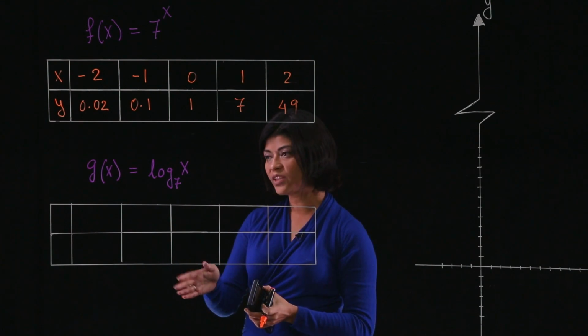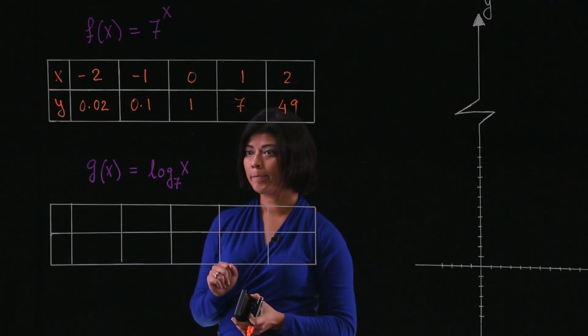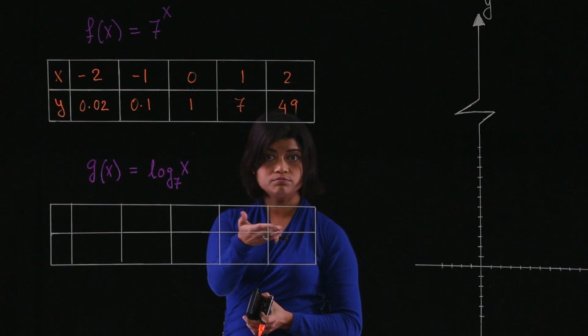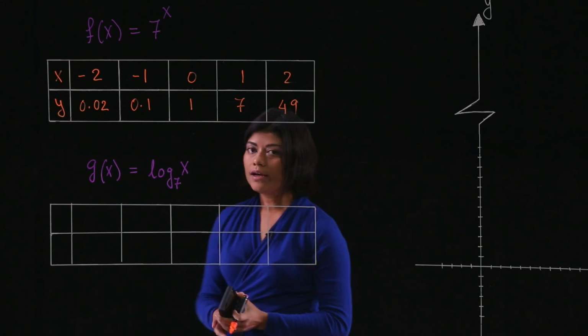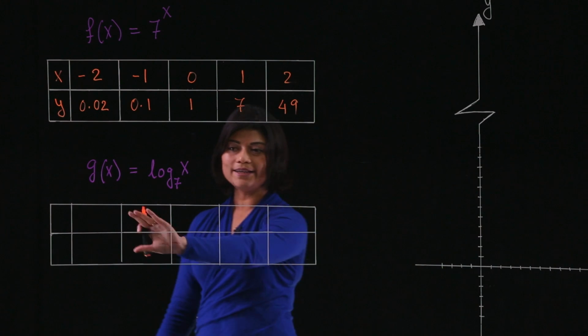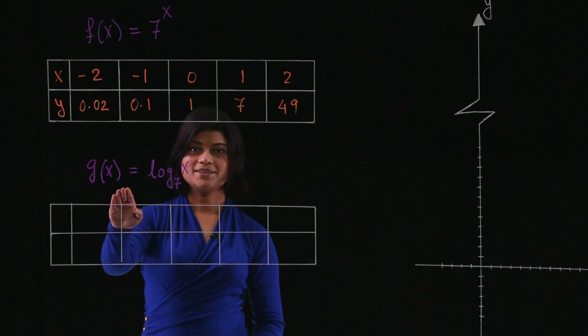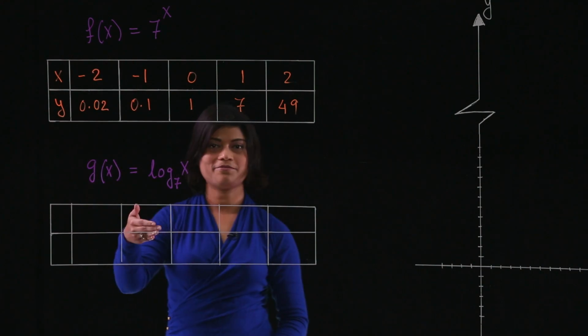But before we do that, let's figure out the same for this next function, g. So we also want to make a table. Now, instead of using a graphing utility, you can find out these values pretty simply. Notice that g is just the inverse of f.